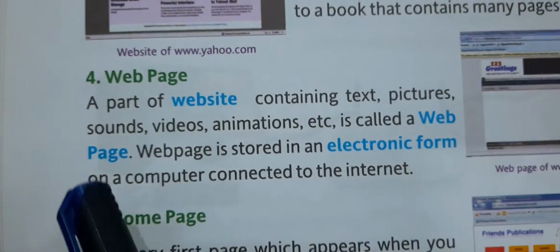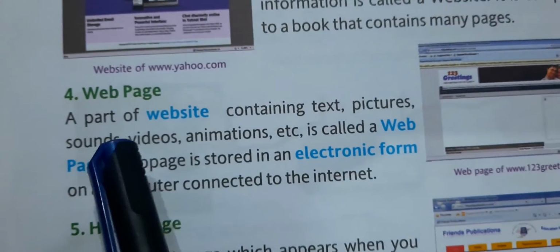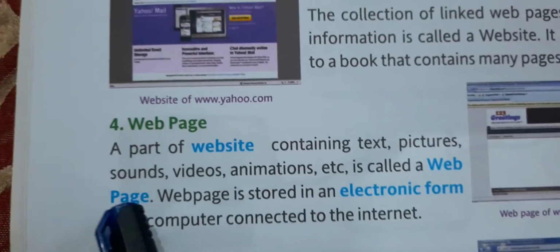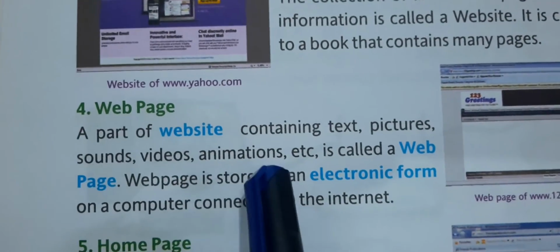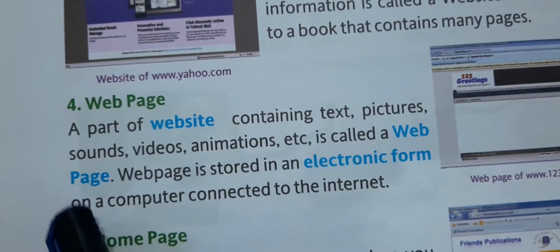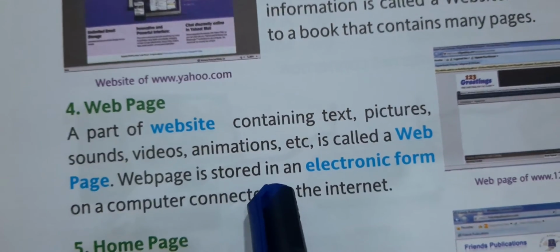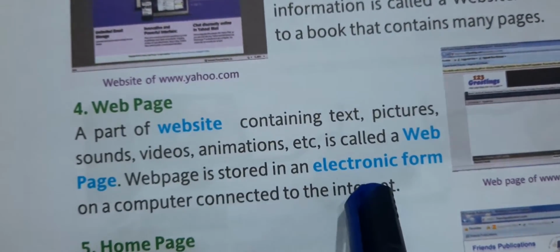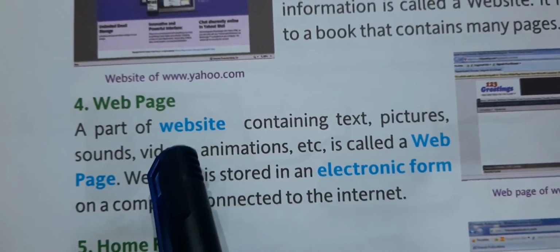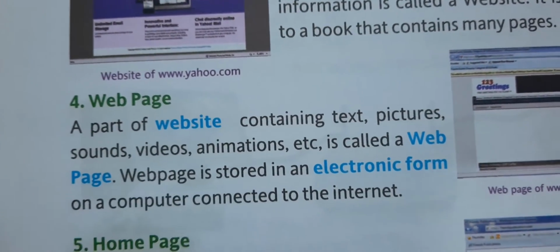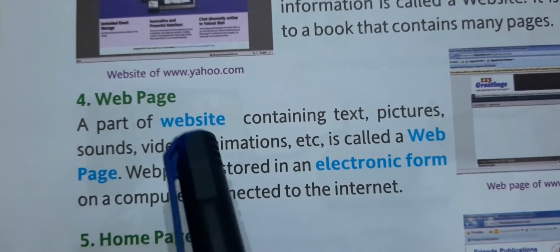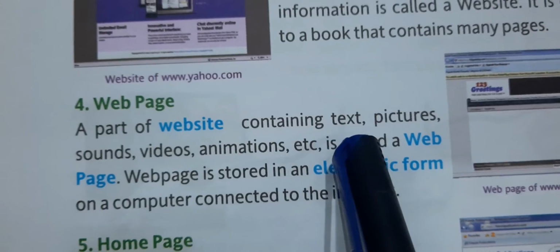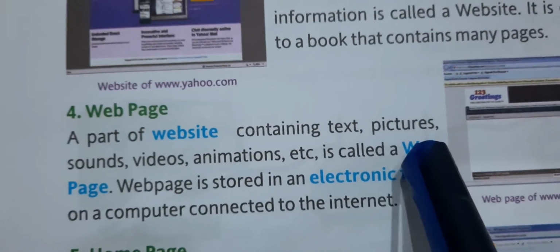Fine. Now, a web page: a part of a website containing text, pictures, sounds, videos, animations, etc. is called a web page. A web page is stored in an electronic form on a computer connected to the internet. Just like a simple page is part of a book, a web page is a part of the website which contains written text, then pictures, then sounds.